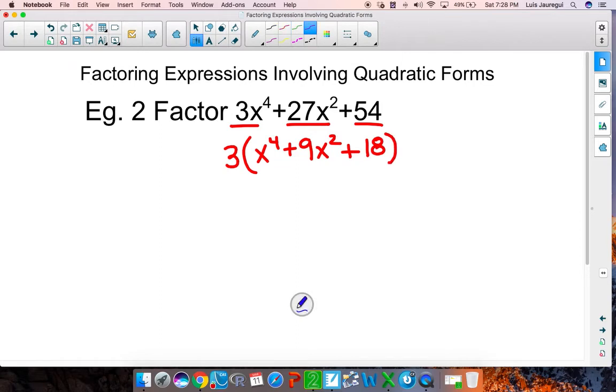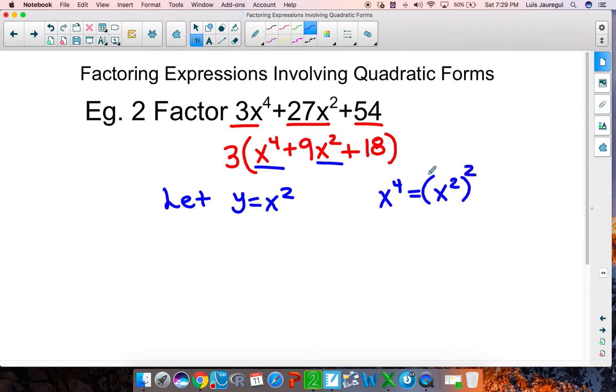Now let's think about a dummy variable, so we can turn this into a problem we can solve with our previously known strategies. Again I'm going to say that y is equal to x squared. Since I'm using an x squared and I have an x to the fourth, I'm going to remember that x to the fourth is the same as x squared squared.